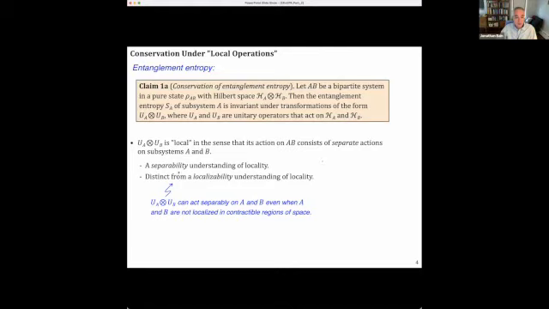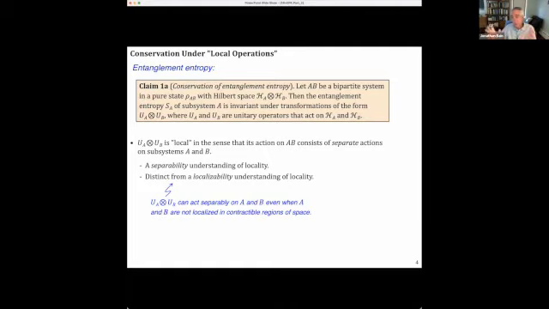And the only point here is that the separability understanding of locality is distinct from a localizability understanding of locality. Right? So the idea here is that the product operator UA cross UB can act in this separable way on subsystems A and B, even when the subsystems may not be localized, in the sense of having support on contractible regions of space.